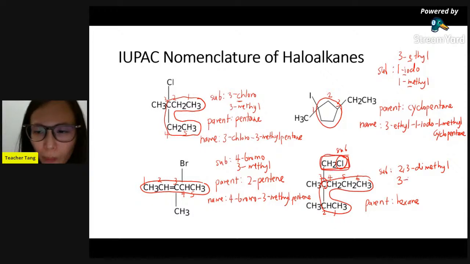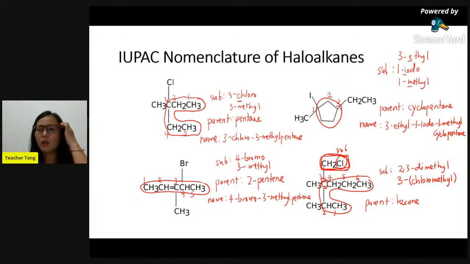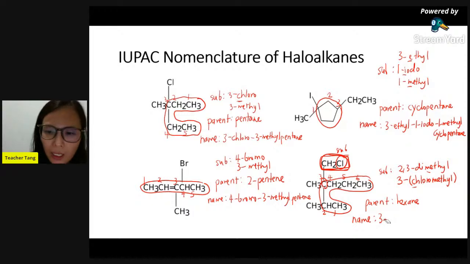Because of that, we need to bracket it, because inside this substituent we have one more substituent, which is the chlorine. So this is chloromethyl. When we name it, which one comes first? This is C and this is M. Therefore, it is called 3-chloromethyl. I write that side a bit because it's quite a long name. So the name will be 3-chloromethyl.